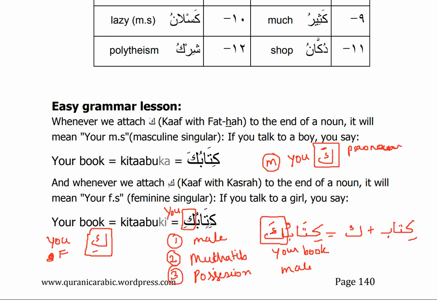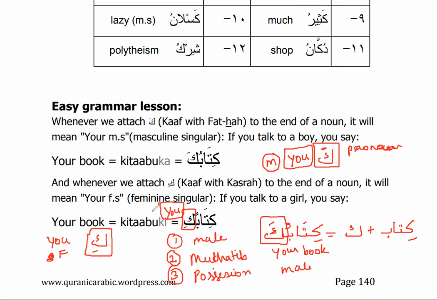But the thing you need to understand here is that if you translate both the kaf with fatha and the kaf with kasra, you will translate them in English as just "you". So when you say your book in English, you use this phrase for both male and female, and it does not distinguish between the male and the female.